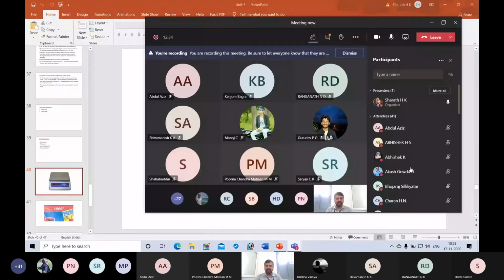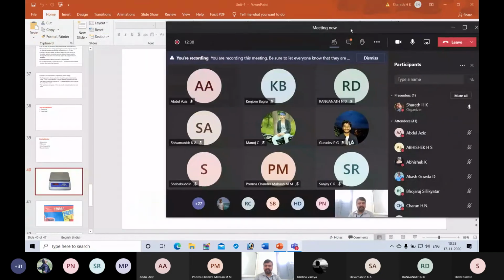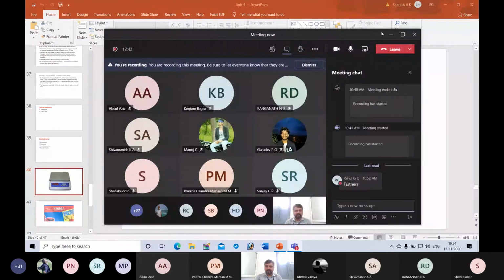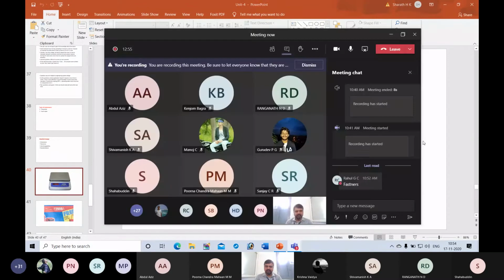Do you think you are going to get exactly 1 kg of a particular fruit? If you go for buying 1 kg of onion, it may be 1.1 kg, 50 grams more, or 1 kg 20 grams.